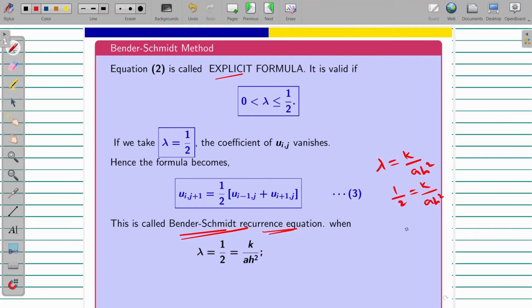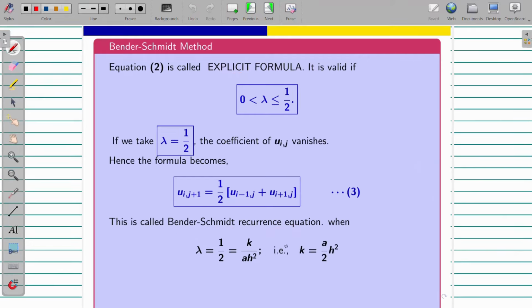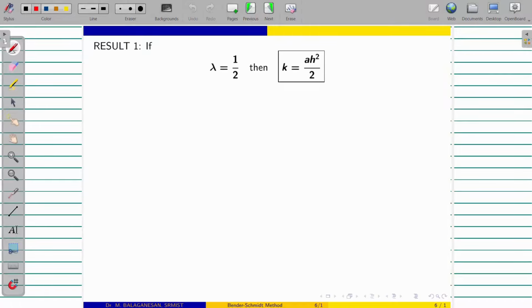Then what about the k value? k equals a h square divided by 2. This will be important here. Using this one only, we have to find the step size in the t direction. Suppose here lambda equal to 1/2, then k is a h square by 2.